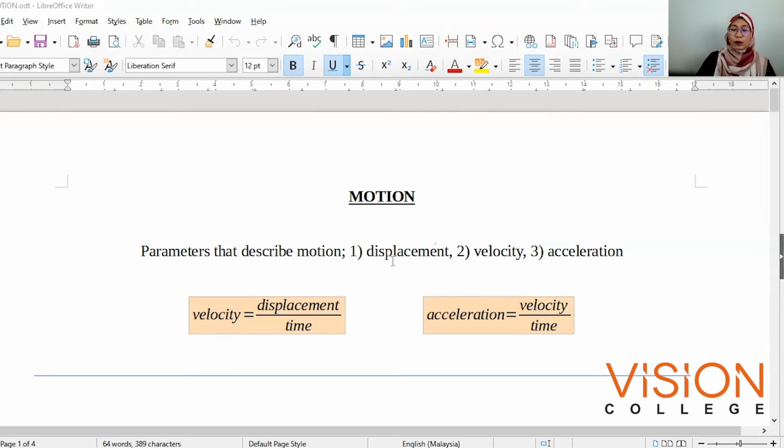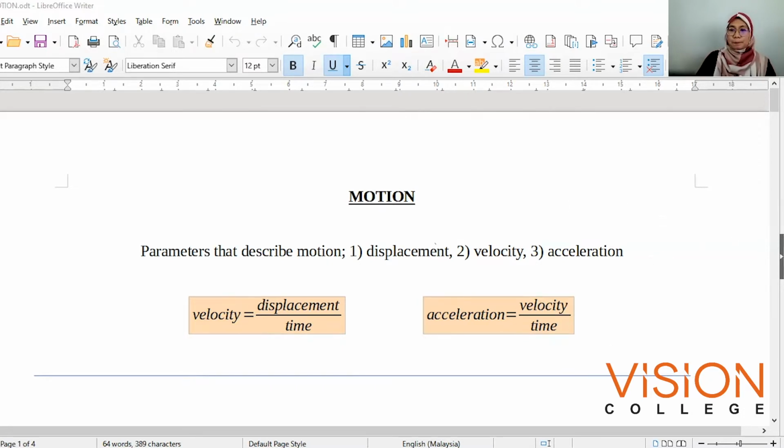Hence, the reason why I say that between the three parameters, they are all related to each other. And how they are related to each other is by time. So what makes one different from another is the time itself.